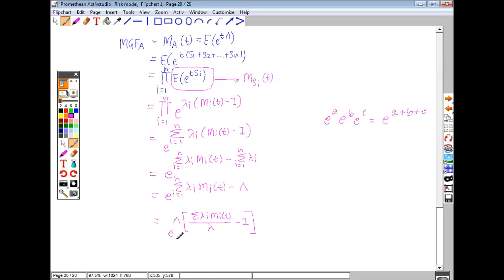And what about the e raised to t that is inside? Please speak a bit louder. The e raised to t part.